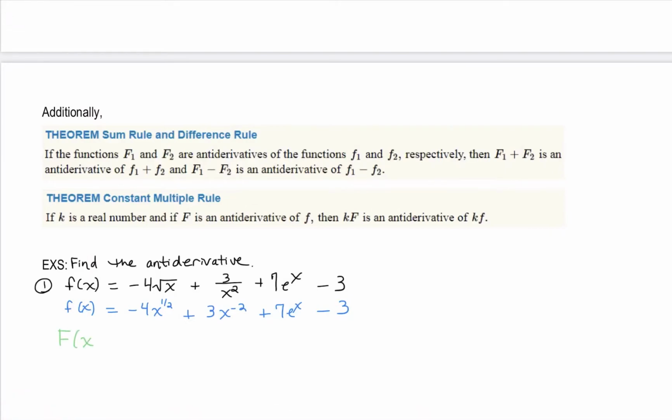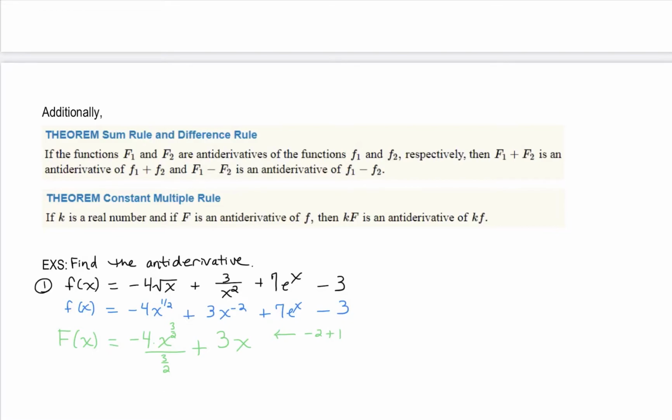So capital F of x is going to equal, constant multiples get carried along, and now it is the power rule where we add 1. So 1/2 plus 1 would be 1 1/2, or 3/2. So let's go ahead and just write that as the 3/2 power, and then divided by that 3/2, which we are going to bring up as multiplication by the reciprocal. And then x to the, again, we are adding 1.